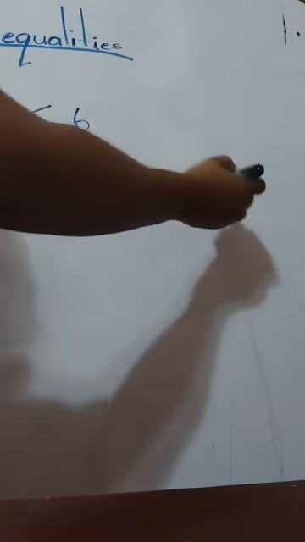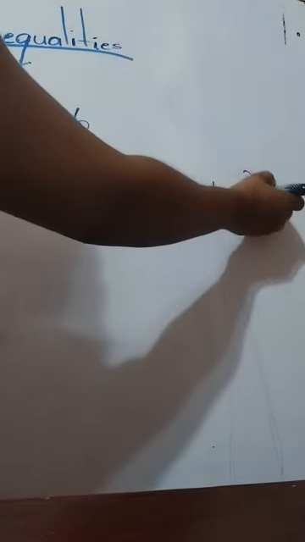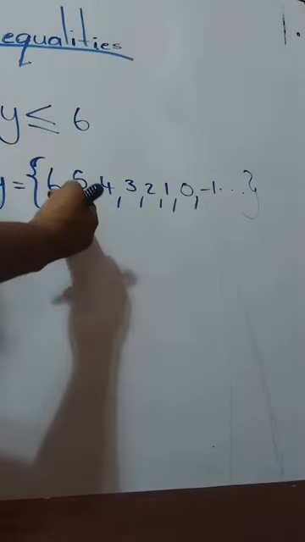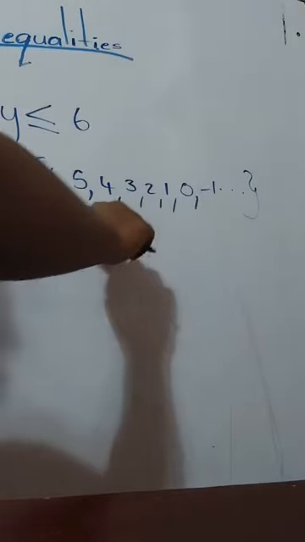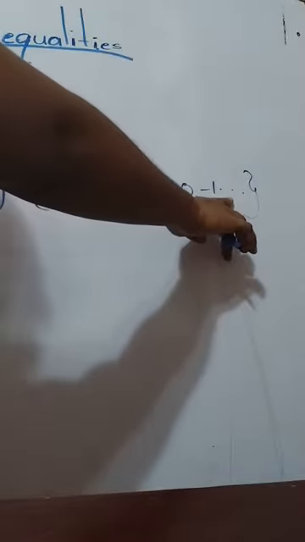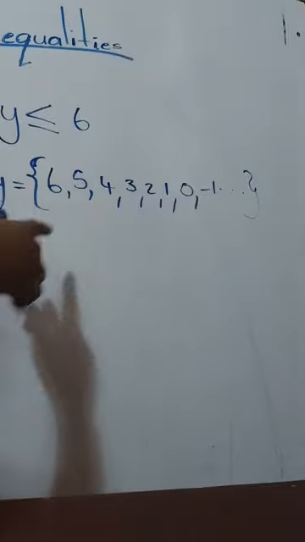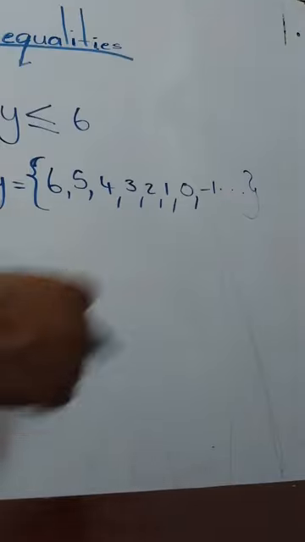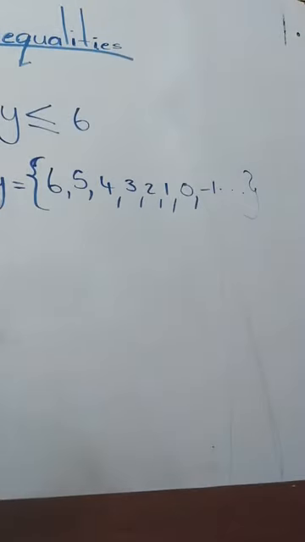I'm going to put the dots now to state that it continues. So y being less than or equal to 6 could have all these values going into infinity, but this time the infinity is to the negative side. All these values would make that statement true. It's not one value that makes the statement true; there are multiple values.